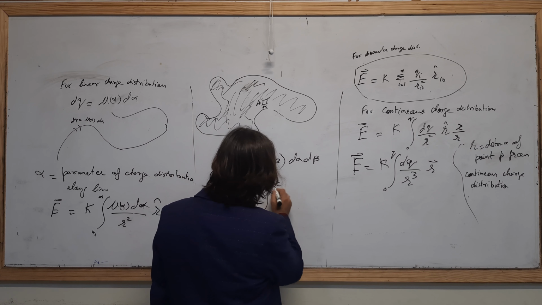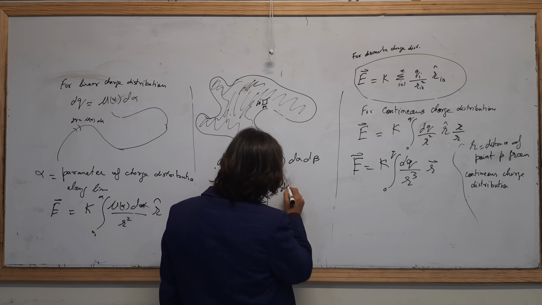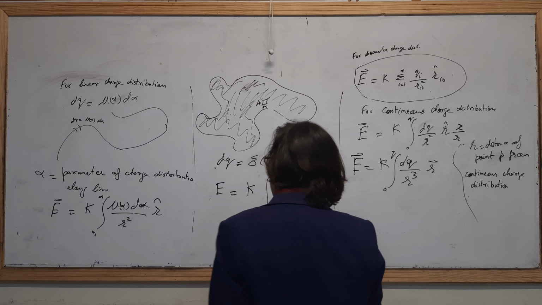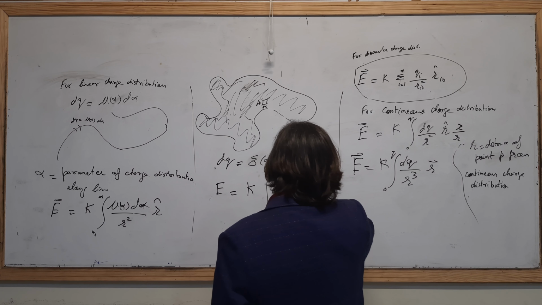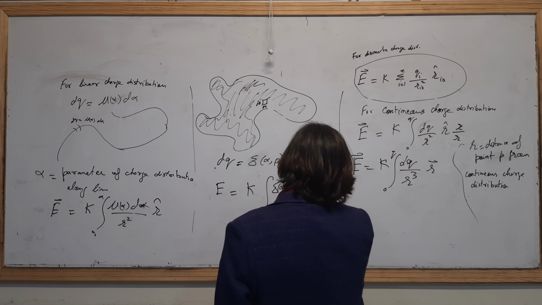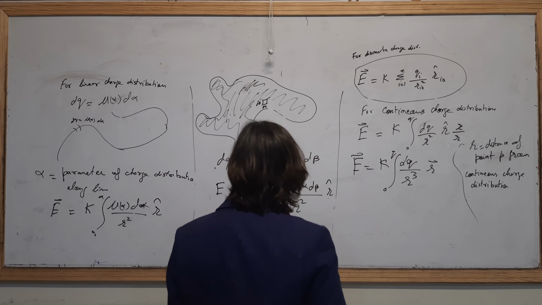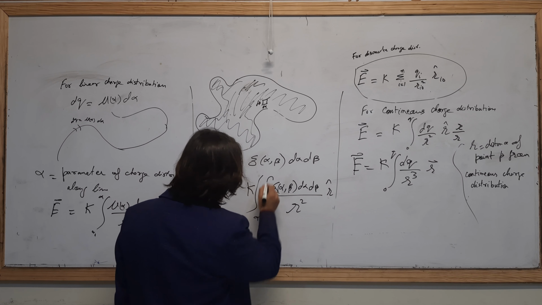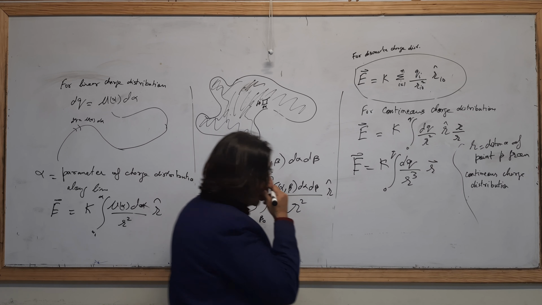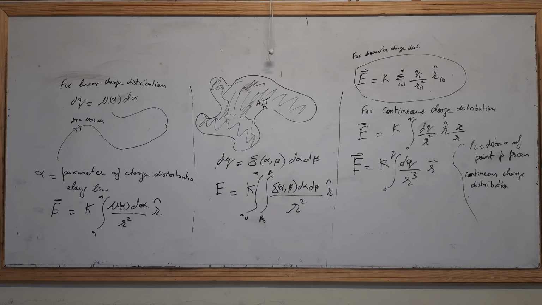For surface charge distribution, that will be a two-dimensional parameter. The first was the linear charge distribution, linear meaning along the line. This is the surface, like a plain capacitor plate.